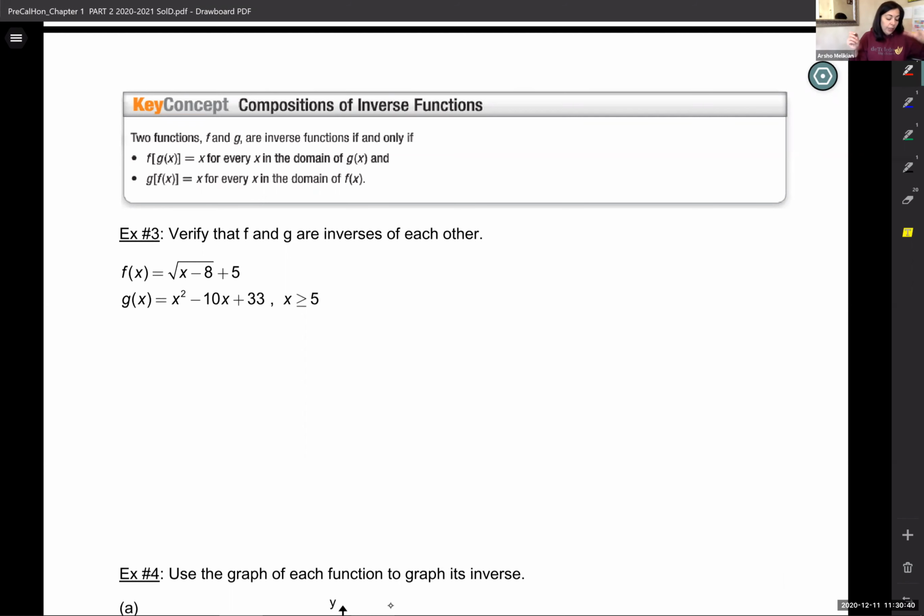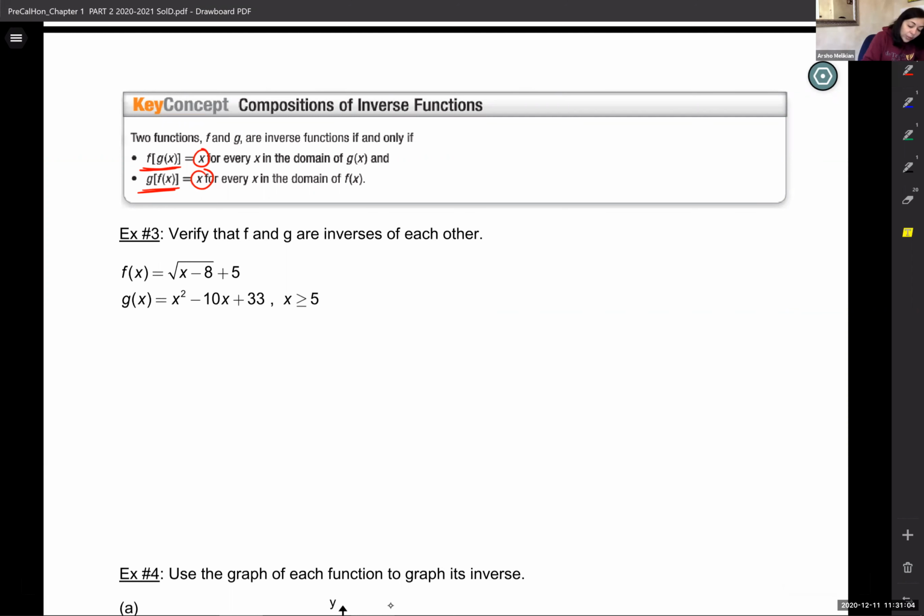If two functions are inverses, if and only if you do f of g of x, you get x, and if you do g of f of x, you get x. Did you guys do this in algebra 2? Do you remember? We don't know. It's okay if you didn't.